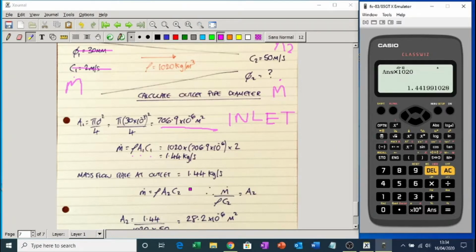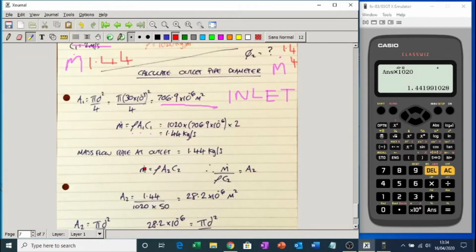Equals 1.44 kilograms per second. So that's the mass flow rate coming in. That's going to be the mass flow rate coming out. So I've got 1.44 here, which means I've got 1.44 coming there. Everyone's a winner.